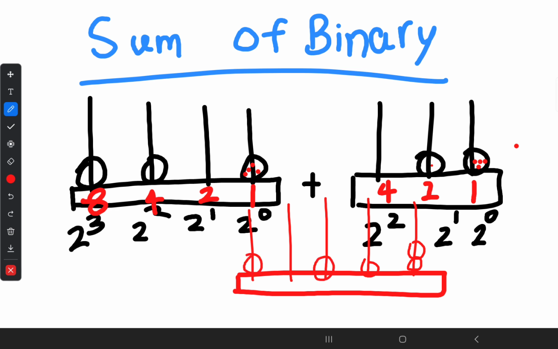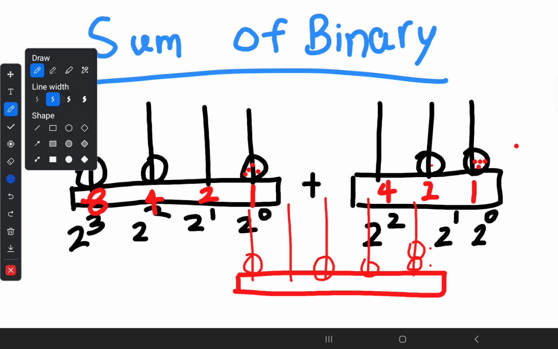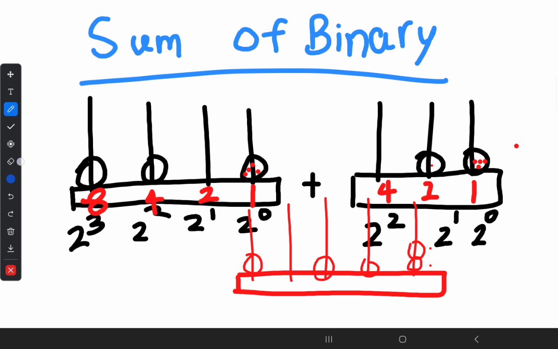If there are two ones together, that will become 2, so this cannot exist furthermore. So instead of drawing two balls in the ones place, we are going to remove these two balls and place one over here.